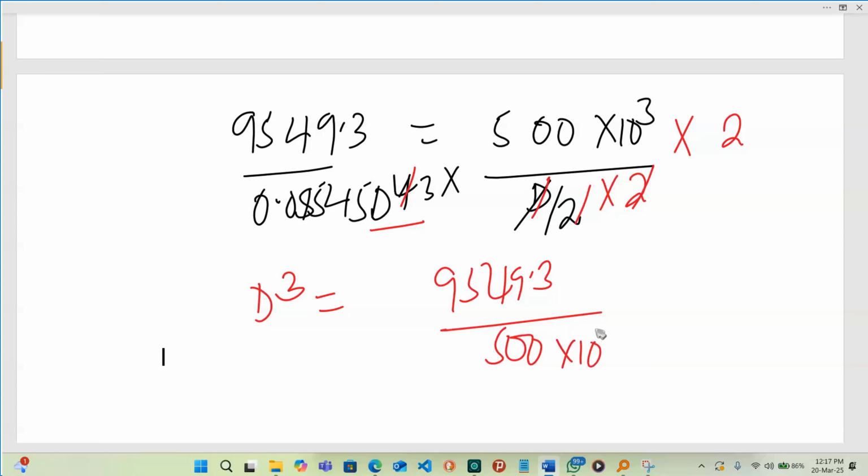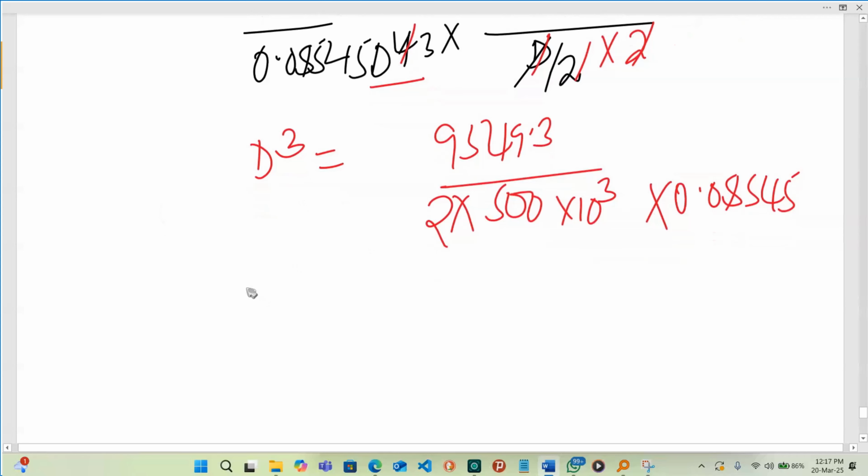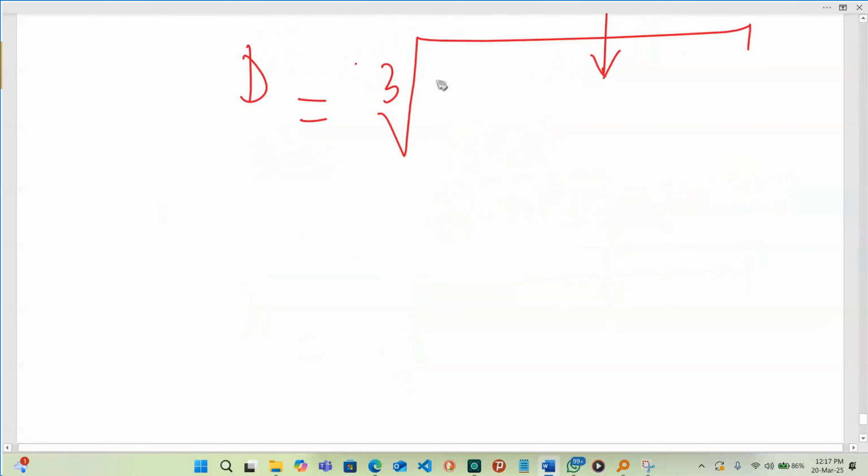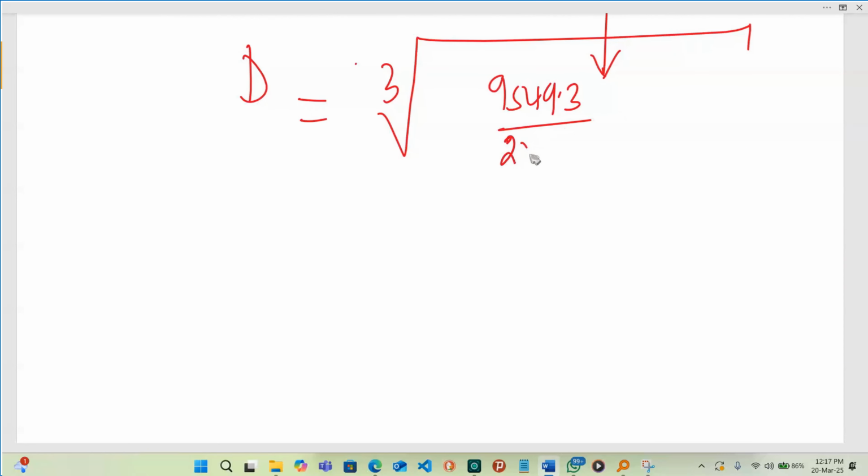So I will have times 10 to the power 3 times 2 here, then times this value here, 0.08545. So obviously we shall be looking for the cube root of this. So this will be 9549.3 divided by 2 times 500 times 0.08545.